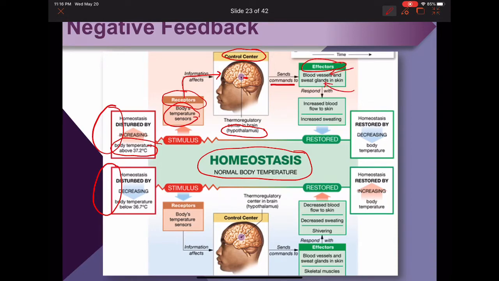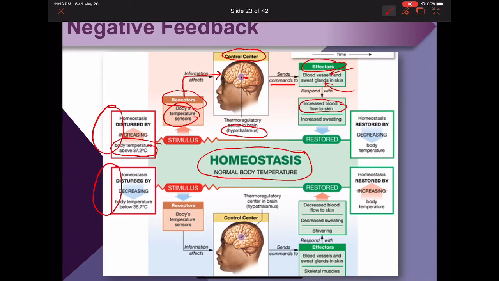skin. Okay, what it will ask the blood vessels to do is ask for vasodilation, make your blood vessels bigger to increase blood flow. And that's why when we're hot, we look more red. It's weird if someone's very hot and they're looking pale. Usually when we're hot, we look pink and red on our face.